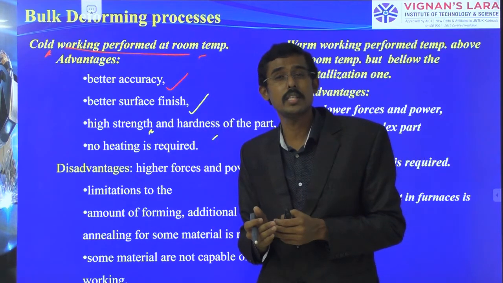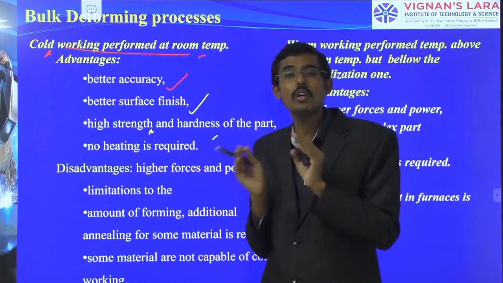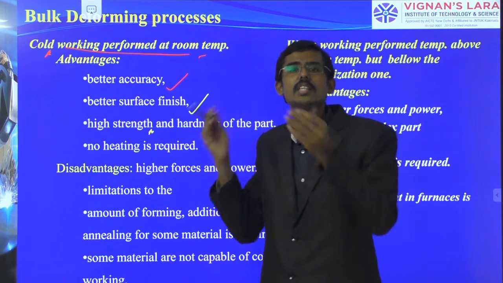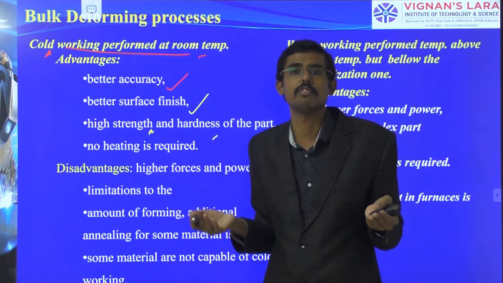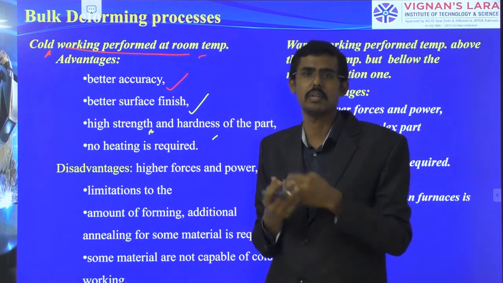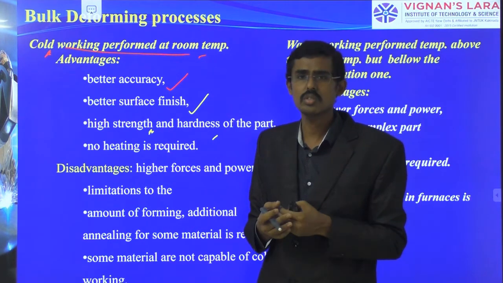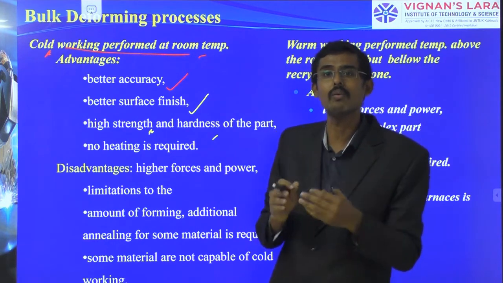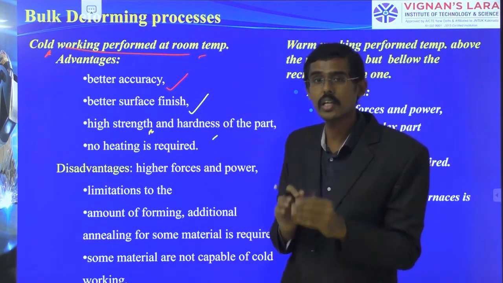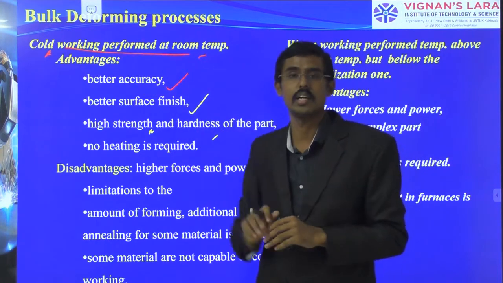If the critical temperature has been crossed, there is more chance of a change in the microstructure. We don't know which microstructure is going to form. Maybe martensite is forming, which is a very dangerous microstructure. Dendrites, if they form, are also dangerous. Those things we avoid when the working is done under cold working conditions.